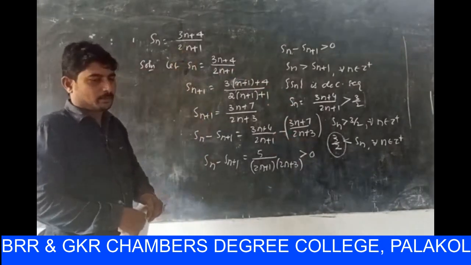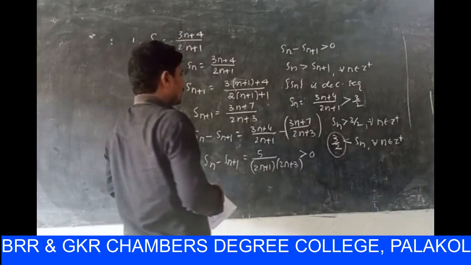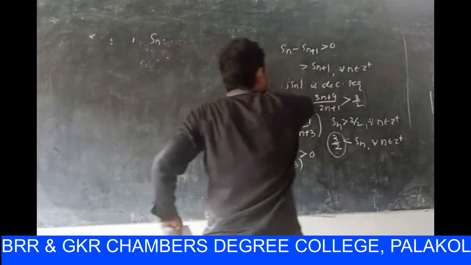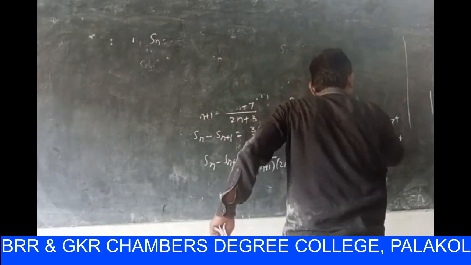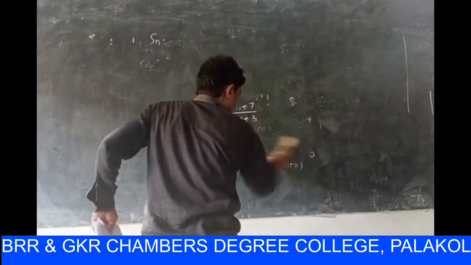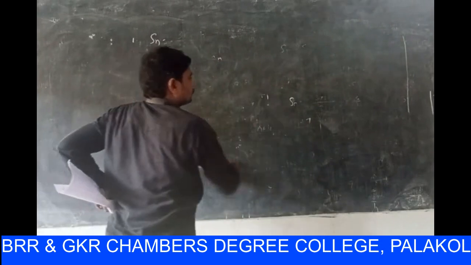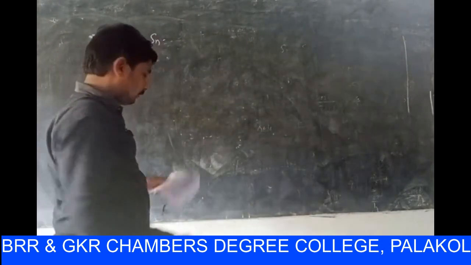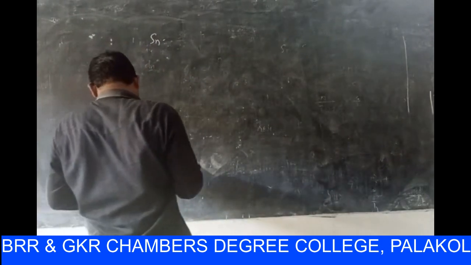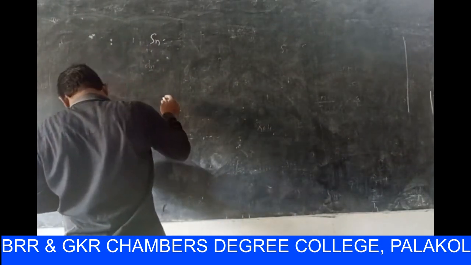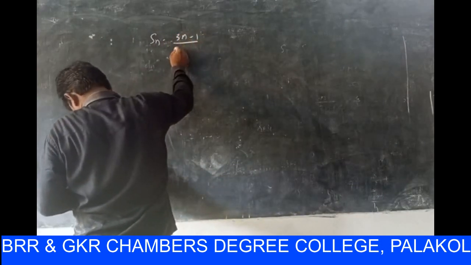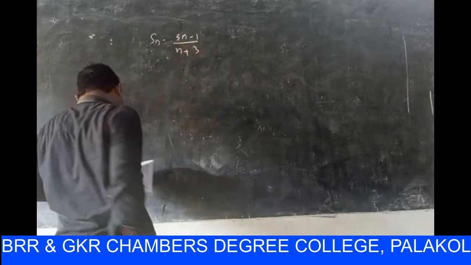So this is an example. Let us see another example, where the sequence may be increasing or decreasing, bounded above or bounded below. The second problem is Sn equal to (3n minus 1)/(n plus 3).